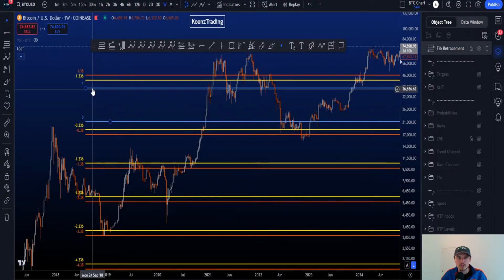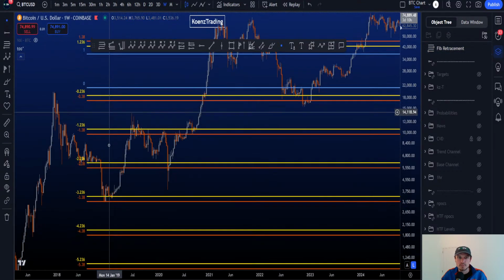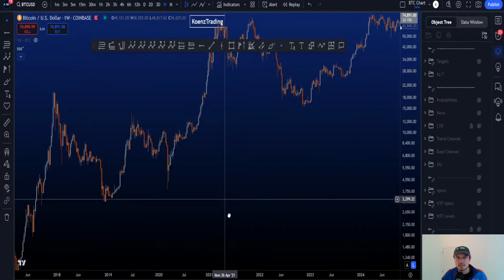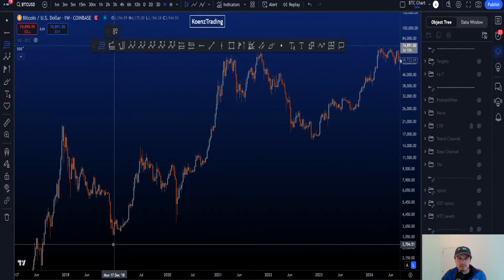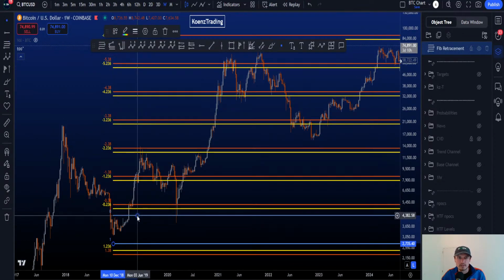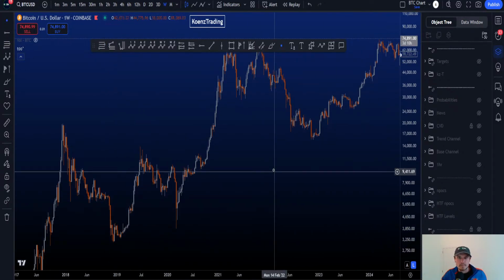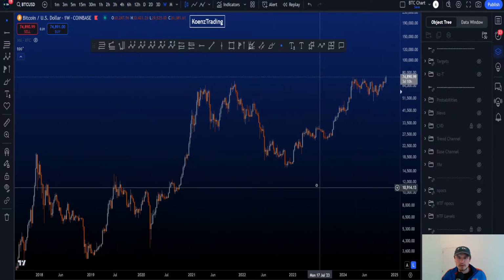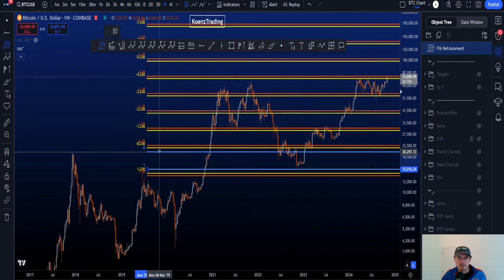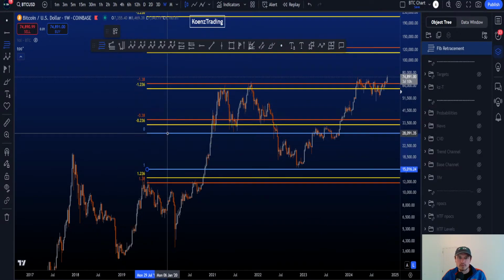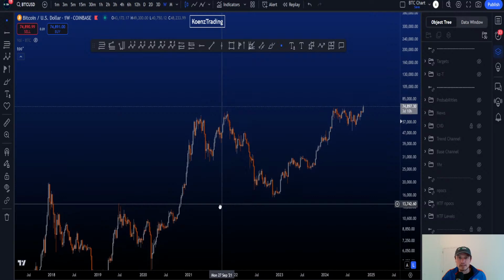So you pull this fib from a high and a low, and you look at the respect of price moving into these pockets. You can pull them up, down, or down, up. Depends, of course, what you're looking for. But in this case, we look for bullish targets, not bearish targets.